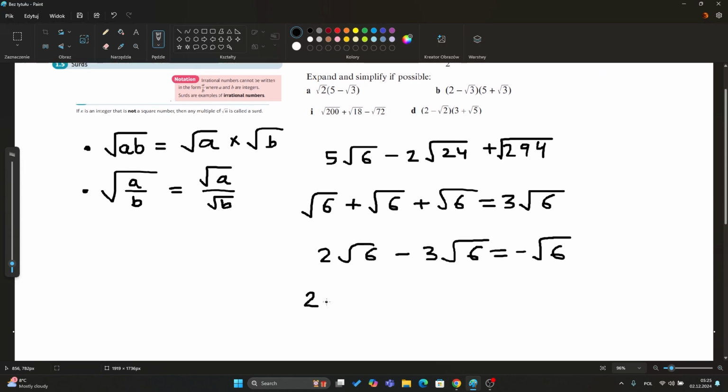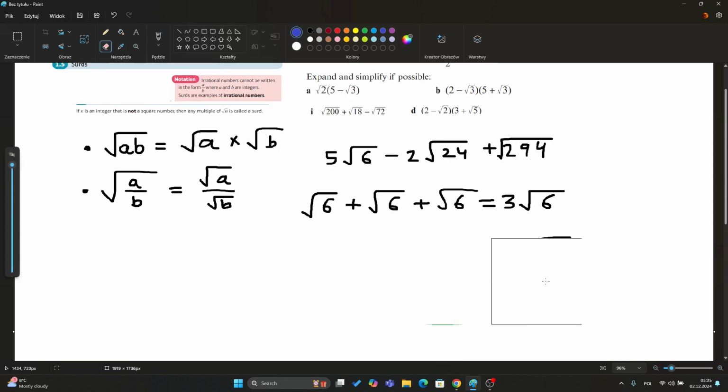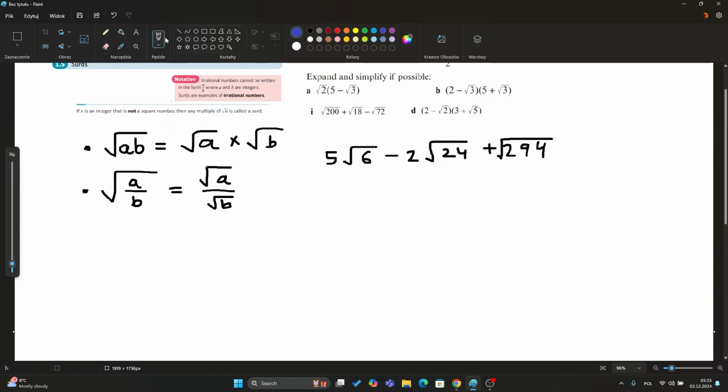But if we have 2 root 6 plus 2 root 6 minus root 4, then the root 6 and root 4 are not friends, so the two root 6 terms are friends and this one is left alone. Now we need to find a way to get to root 6, and that's because this is the lowest we can go.